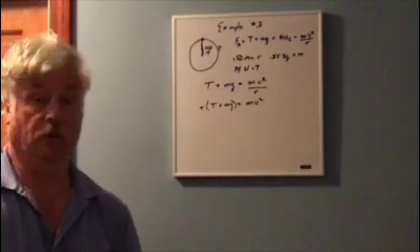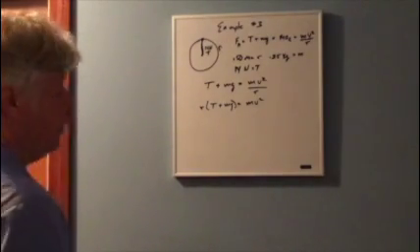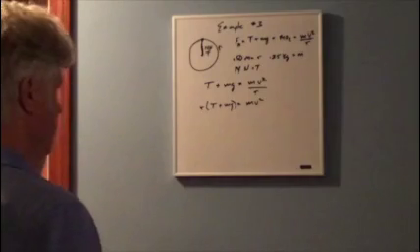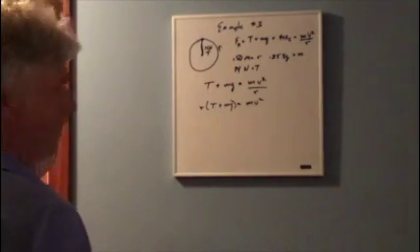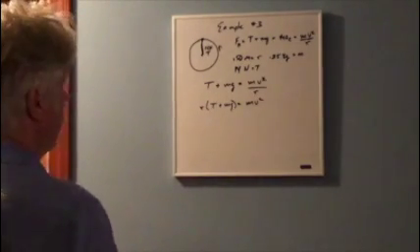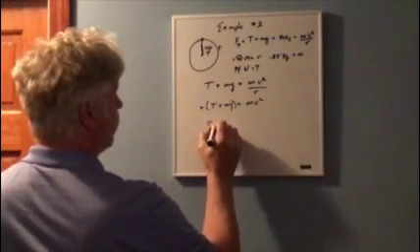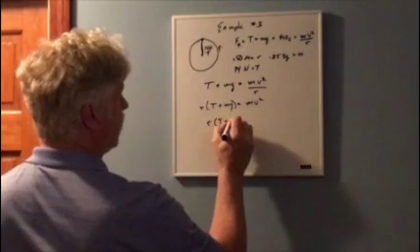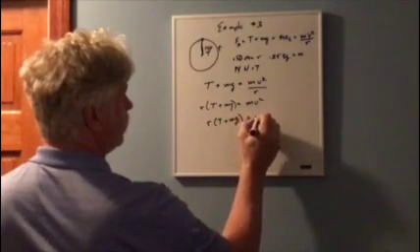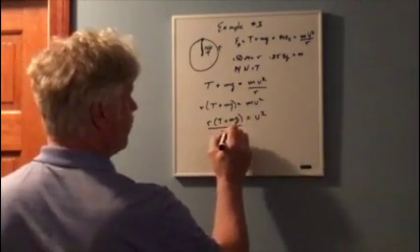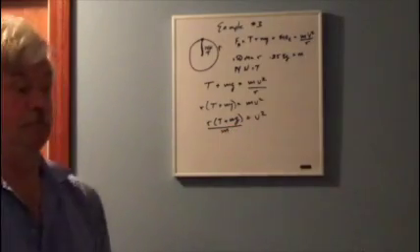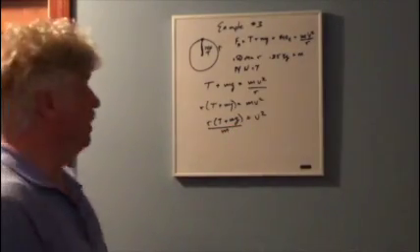Looks like a pretty simple equation. We want to find velocity, so we're going to divide both sides by m. So r times (T plus mg) over m equals v squared. This doesn't sound very difficult now.